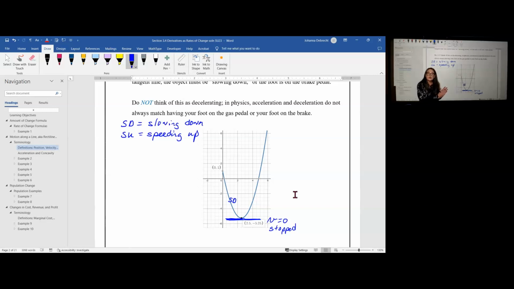What about just to the right side of that minimum point? Just to the right side, the tangent line is no longer horizontal, so the car is moving. First, it starts out relatively low in magnitude, and then it increases. The car must be, you got it, speeding up.